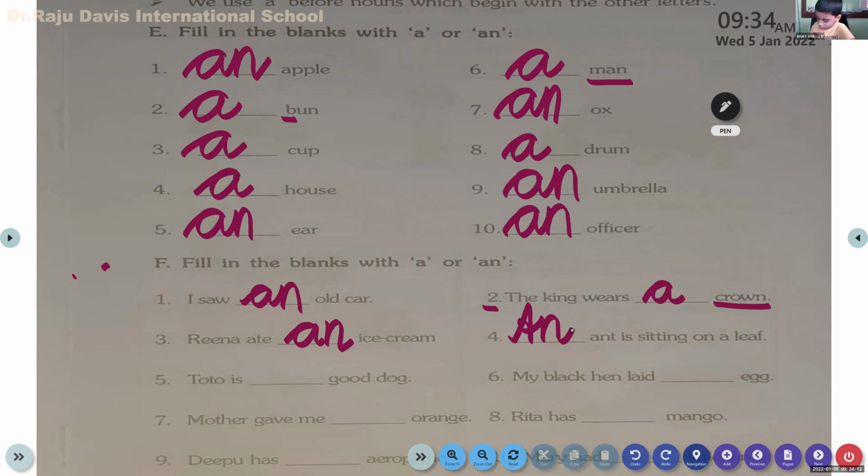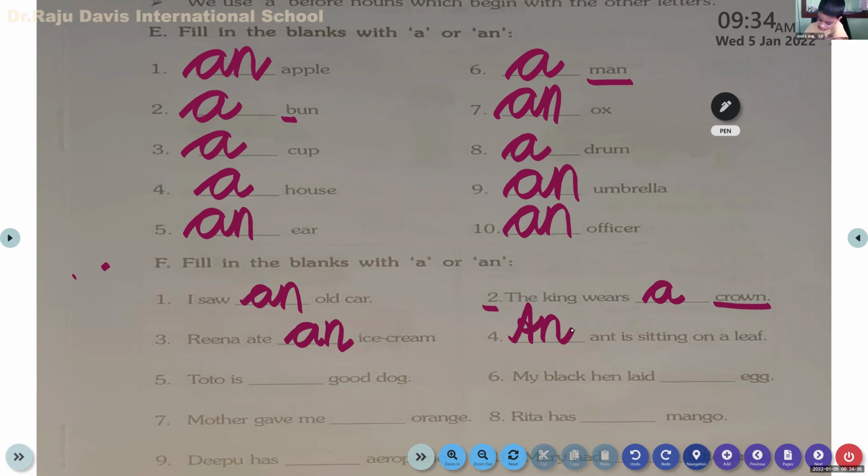G, is it a consonant or a vowel? A consonant. Yes, very good. Toto is, come on, say it again. It's not tortoise. It is Toto. The name of the dog is Toto. Toto is dash.